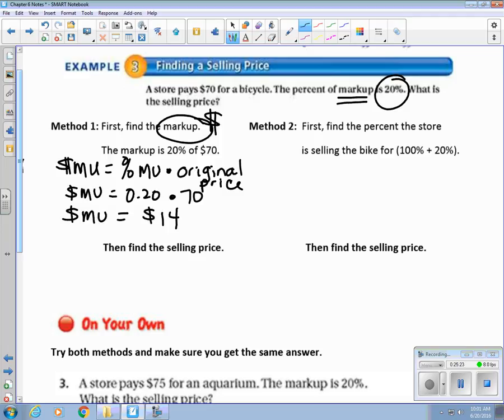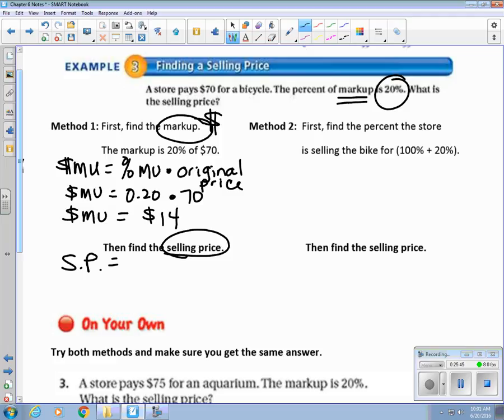To find the selling price, you'll notice that I wrote SP. SP generally stands for either sale price or selling price, depending on the type of problem you're doing. In markup problems, we're talking about selling price. In discount problems, we're talking about sale price.